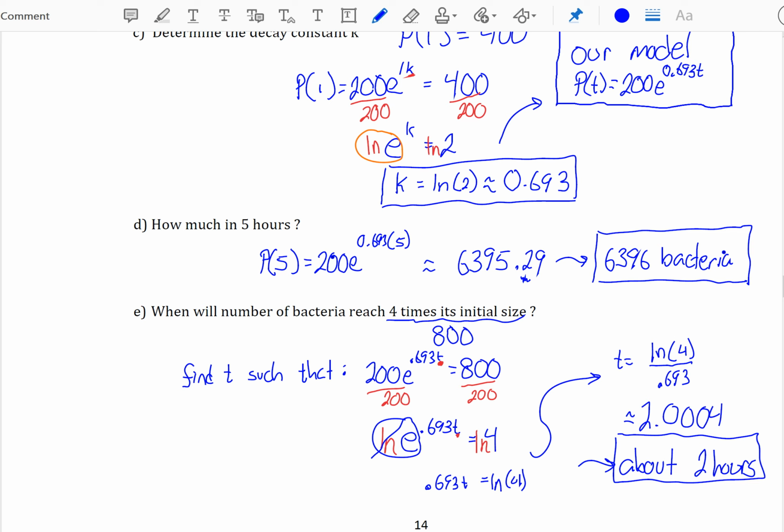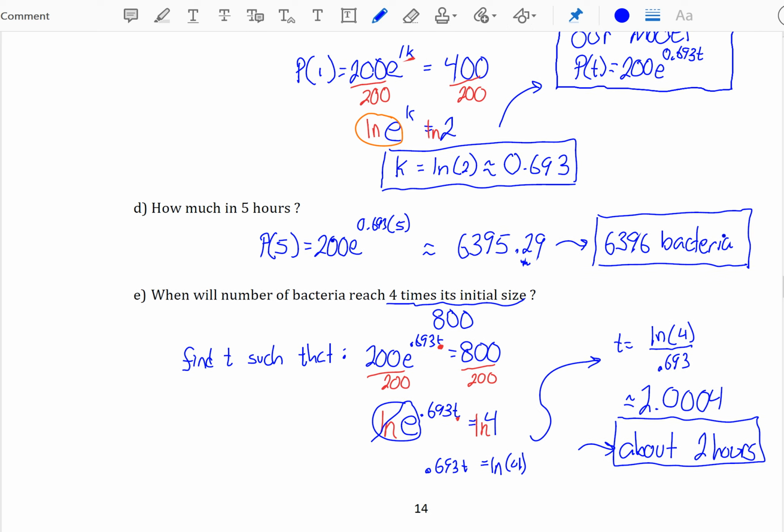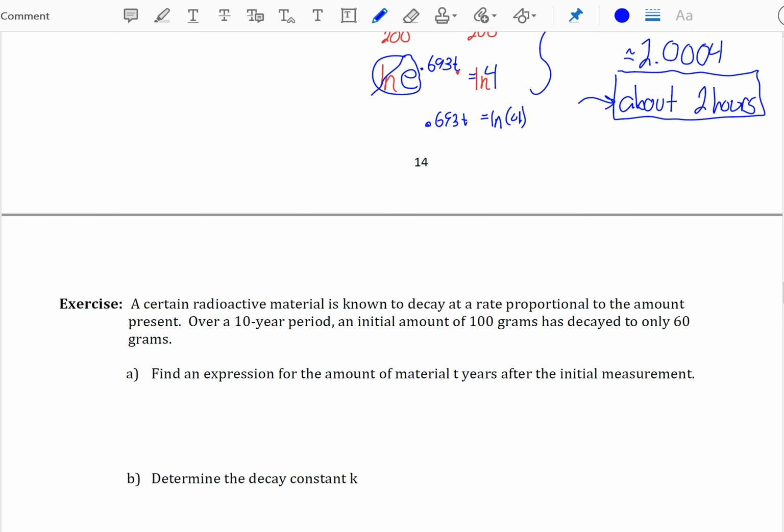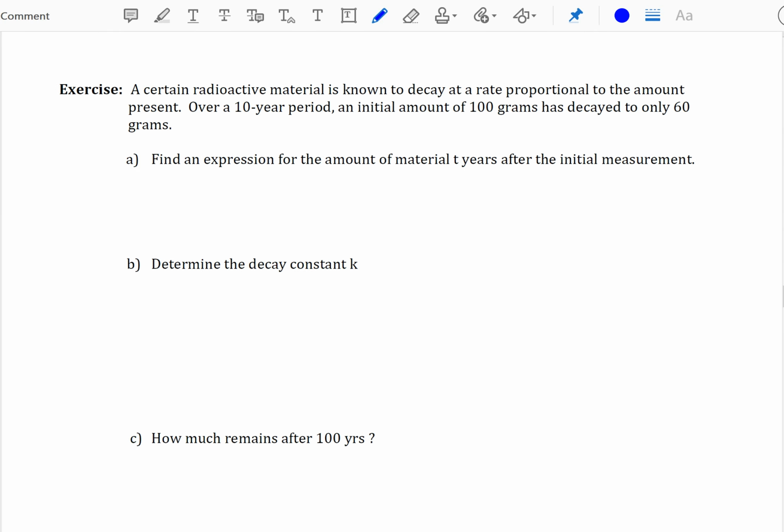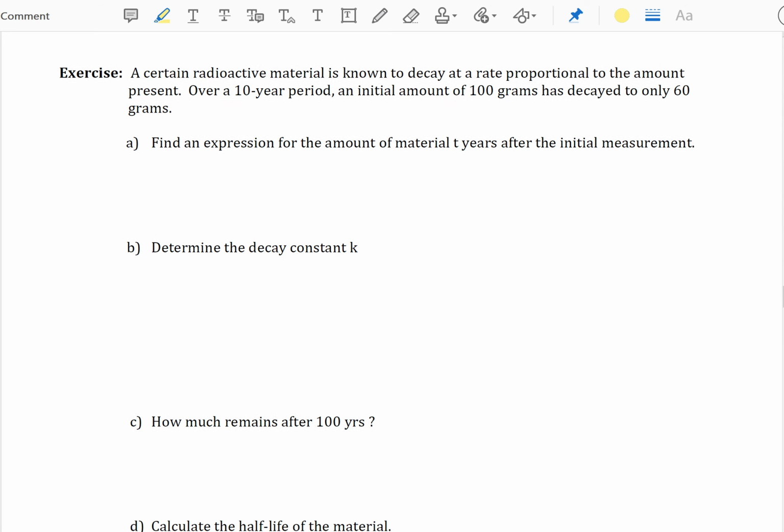Okay, I hope this makes sense. Let's look at another example. A certain radioactive material is known to decay at a rate proportional to the amount present. Notice the wording there.